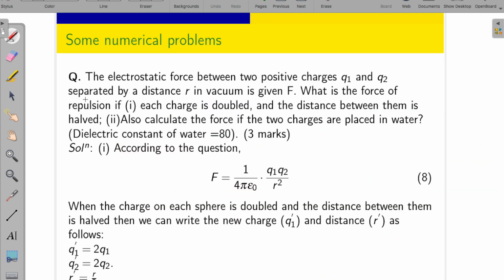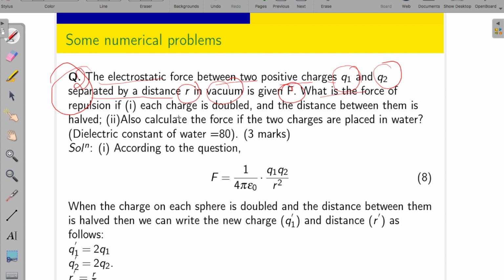Now coming to question number 2. The electrostatic force between two positive charges Q1 and Q2 separated by a distance r in vacuum is F. These points are given.